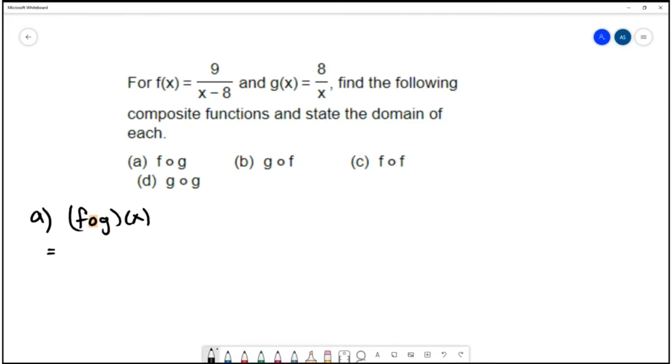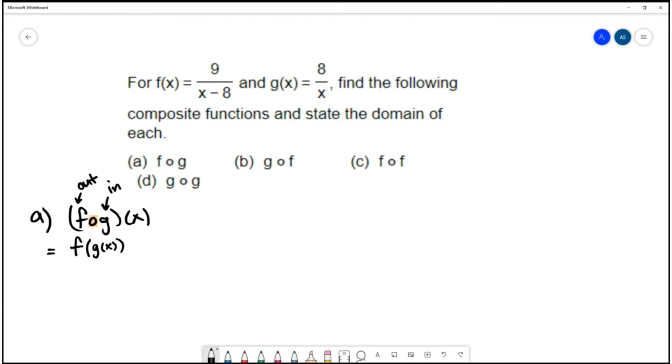The function that is on the outside is the one that's written first, and the one that's after the composition is the one that is inside. So we're going to write this as f of g of x. Notice that the g is inside of the function f.